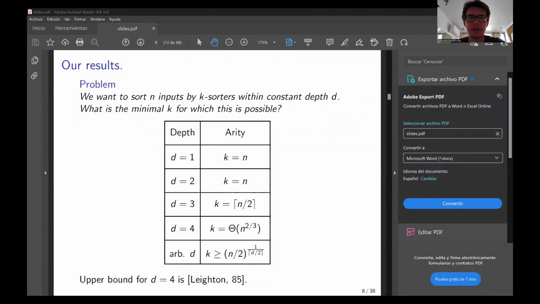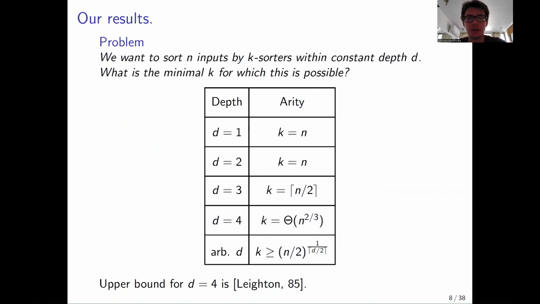So finally, our results. Our problem again is that we fix d, and then we consider all sorting networks of depth d with n inputs, and we are interested in what is the minimal k such that a k sorting network with such parameters exists, which, if we fix d, becomes a function of n.